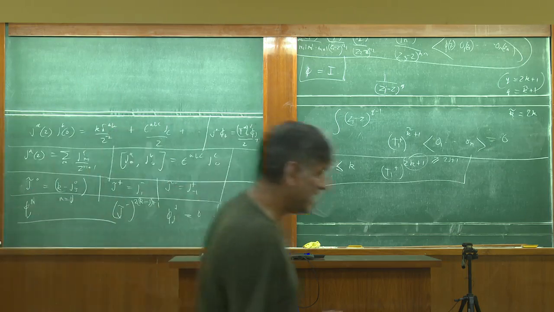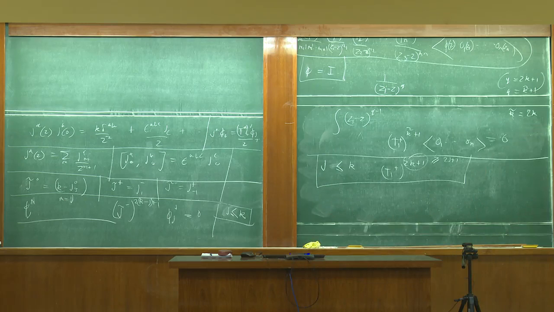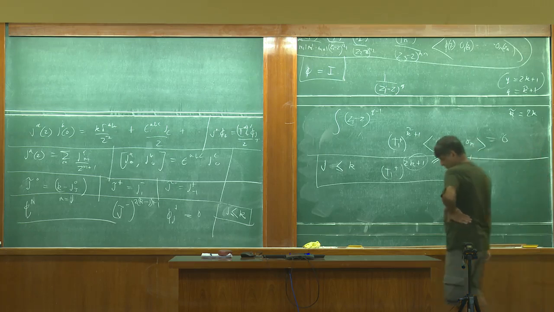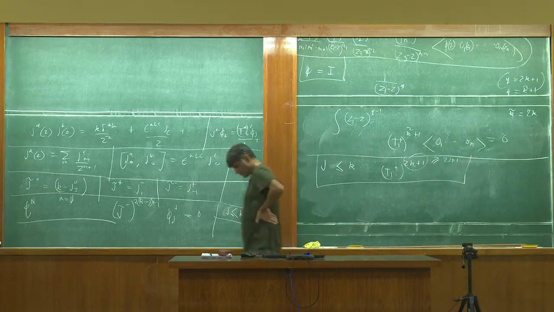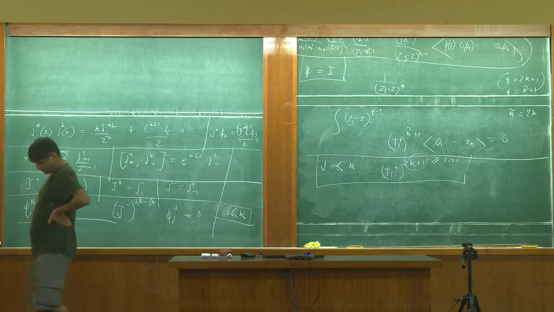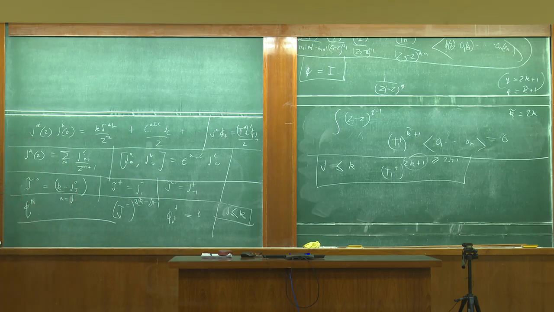Does this tell us something about this tower of states? In unitary representations you have this cutoff at 2k minus j, as we were discussing earlier. But does this also tell us something about what will happen to the tower of states if you start with a non-unitary primary state?